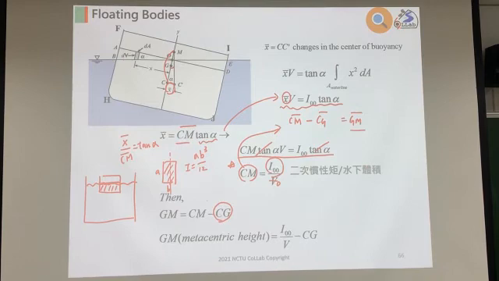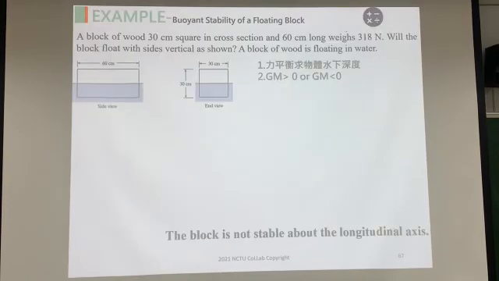If you know the CM and the CG, you can compute the GM value, and you can predict the stability problem of the ship. Okay, this is too complicated, so we just do an exercise and try to figure out the idea.